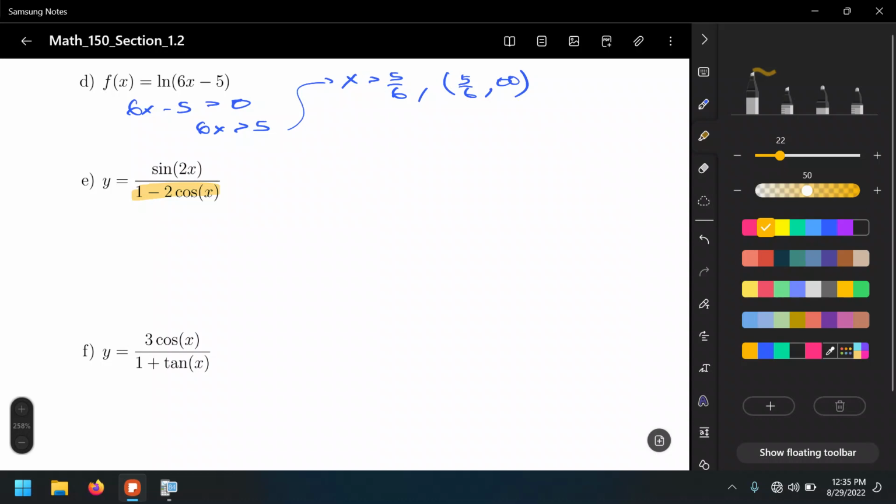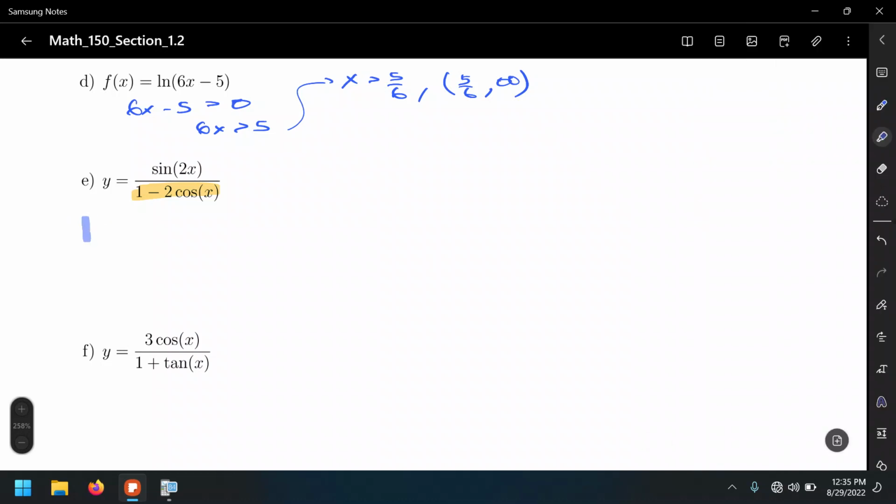So let's set the denominator equal to 0, that is 1 minus 2 cosine x equals 0, and solve the trigonometric equation here: negative 2 cosine x equals negative 1, and cosine x equals negative 1 over negative 2, which is 1/2.